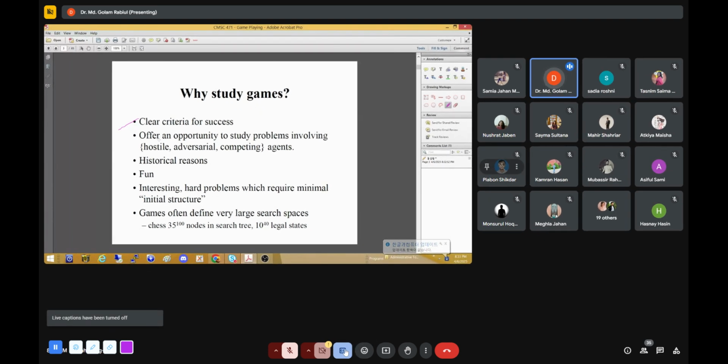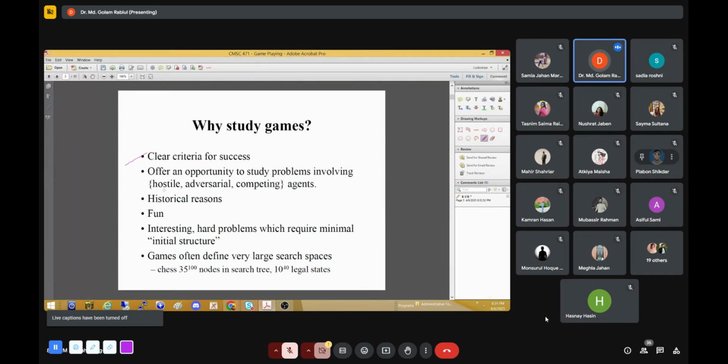Another criterion is that games offer an opportunity to study problems involving hostile, adversarial, and competing agents. In our gaming environment, the environment can be hostile, adversarial, and competitive.